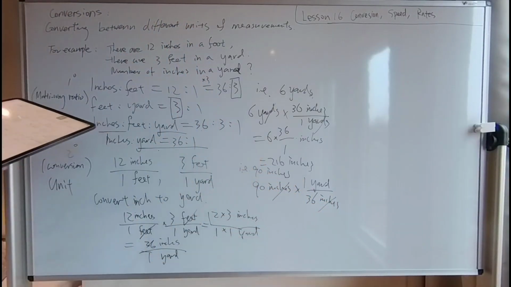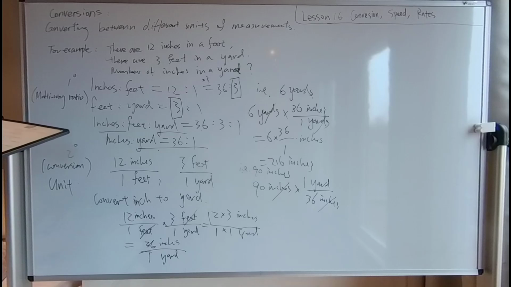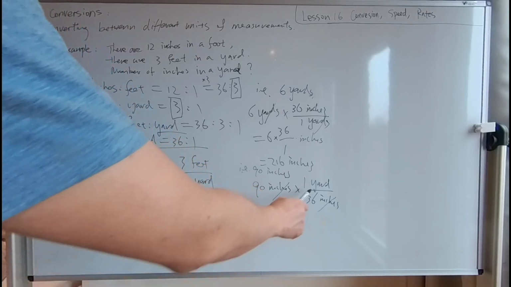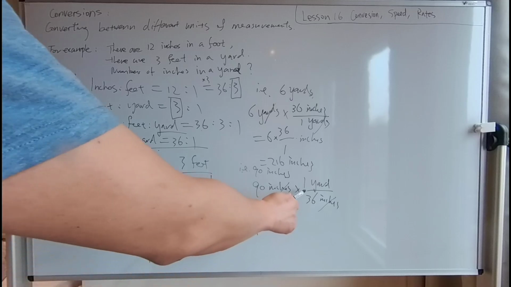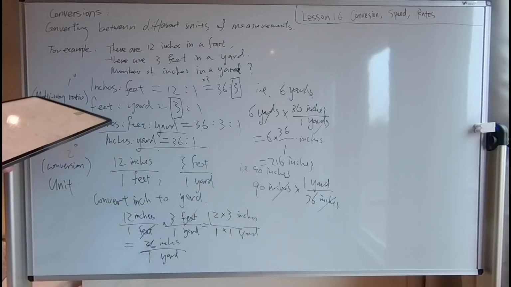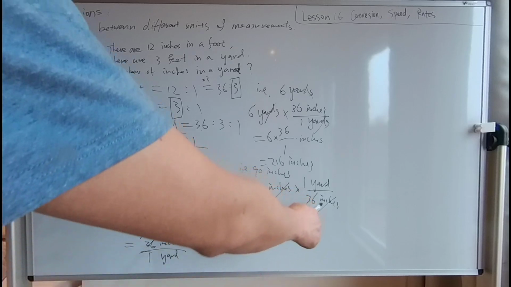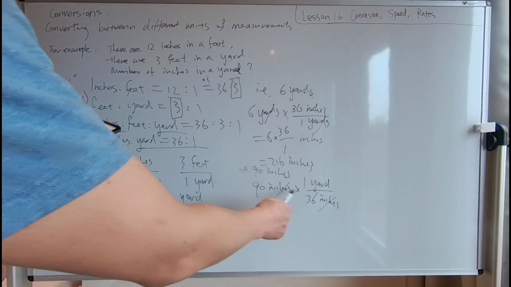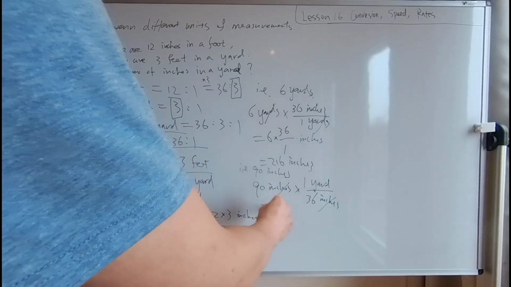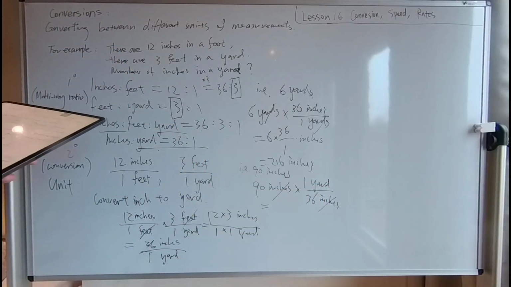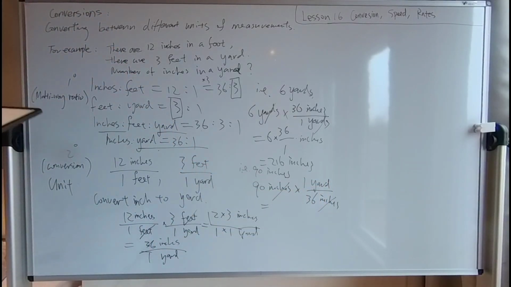So that's why it's important to keep your units in the calculation so that you know this is the right way to multiply your conversion factor, right? Because the other way around, you won't be able to cancel out the inches unit. So here you can cancel out the inches unit, and you only have 1 yard unit left. And that's exactly what we want. We want to know how many yards.